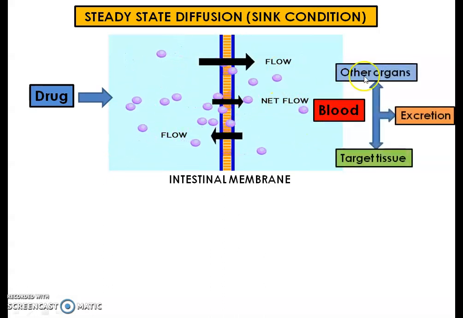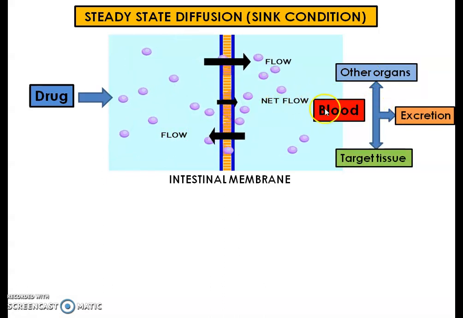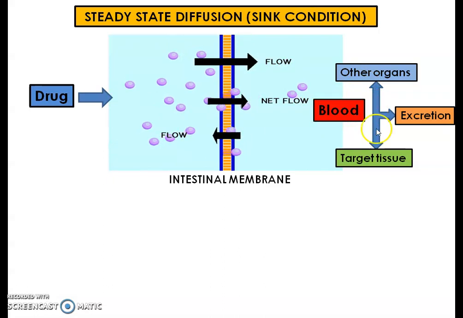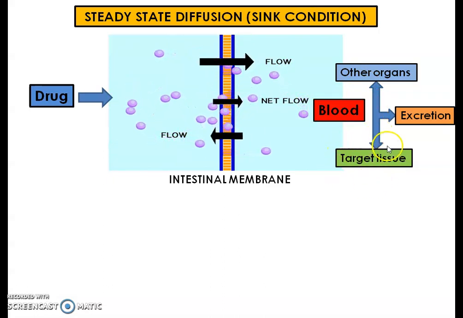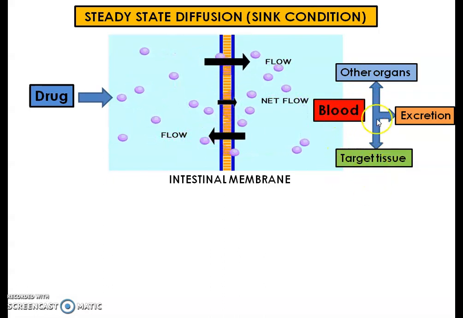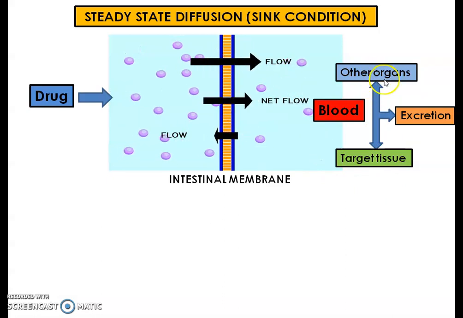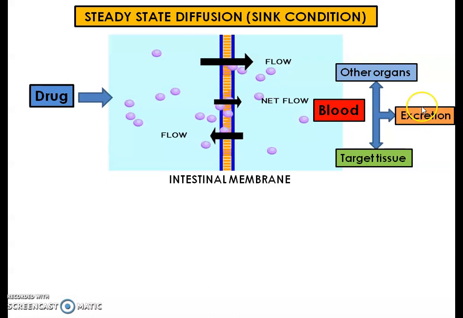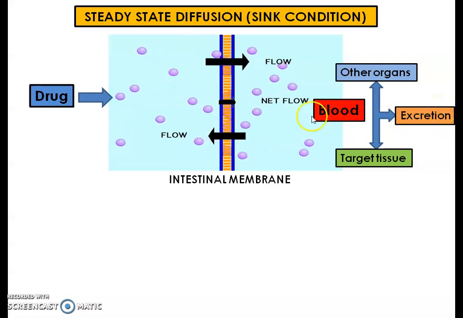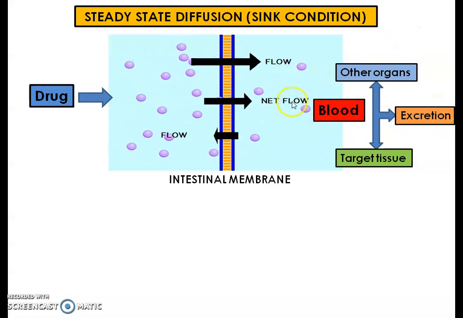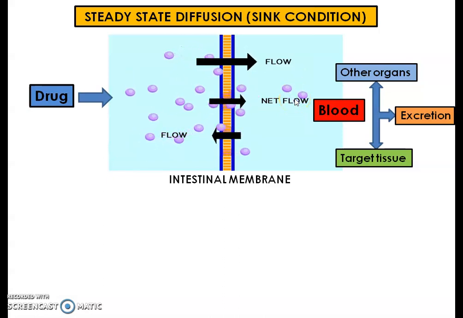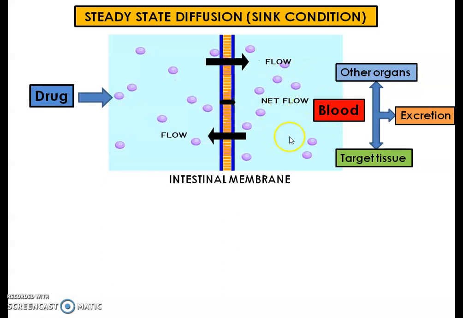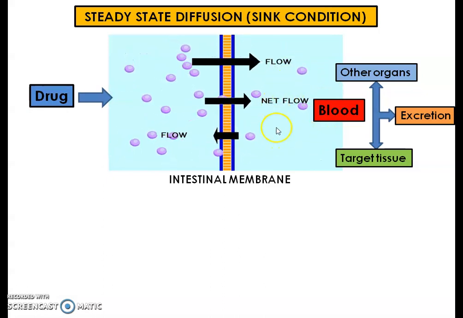The drug will be removed from the blood by various ways. The drug may go to the target tissue where the action is required, or the drug may go to other organs, or the drug may go for excretion through the kidneys. So whenever the concentration of drug in the blood reduces, a lower concentration is always maintained in the blood.